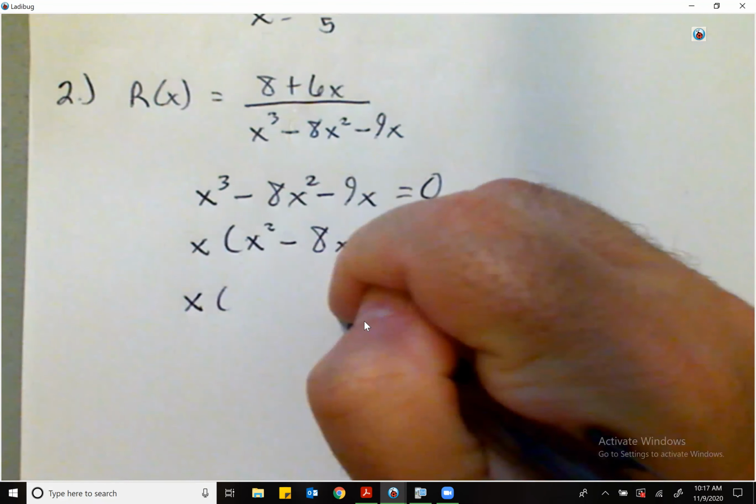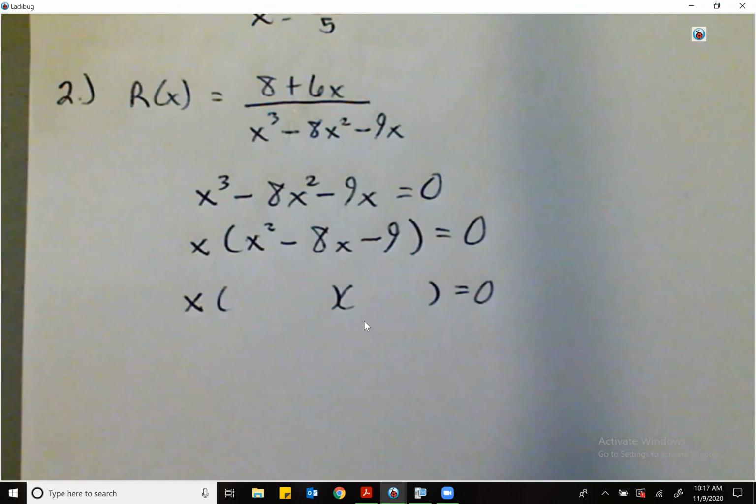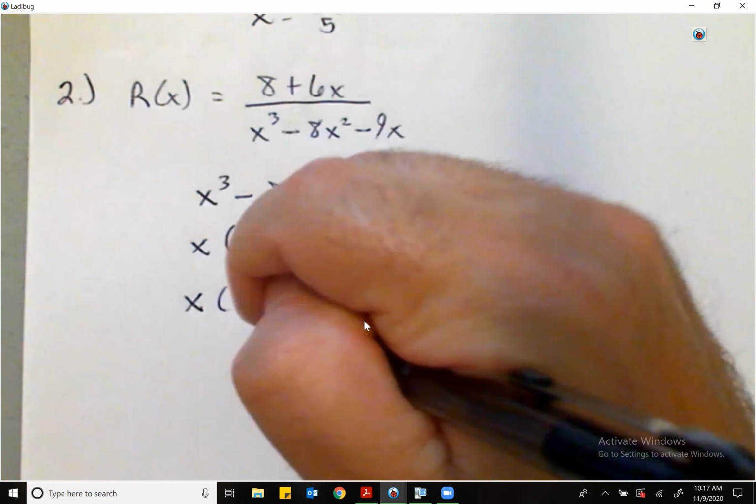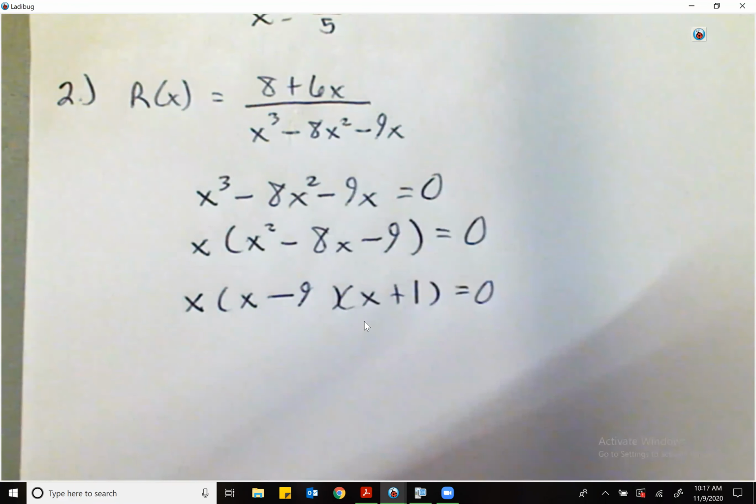What does it factor to? x minus 9, x plus 1.